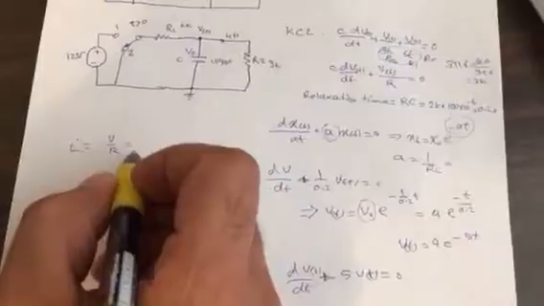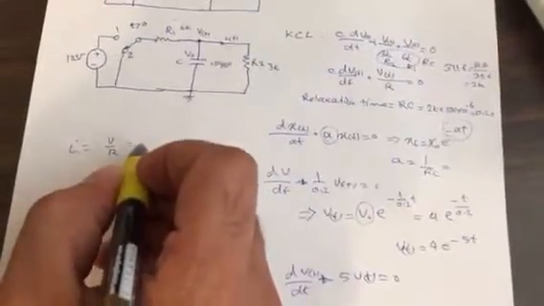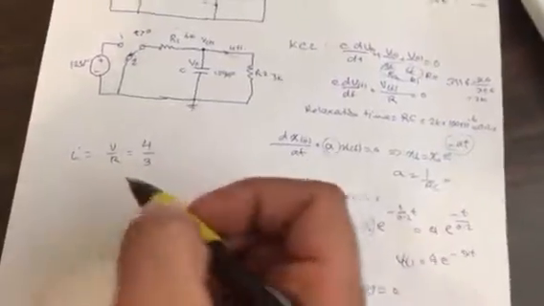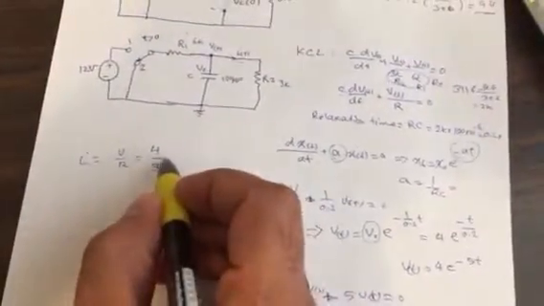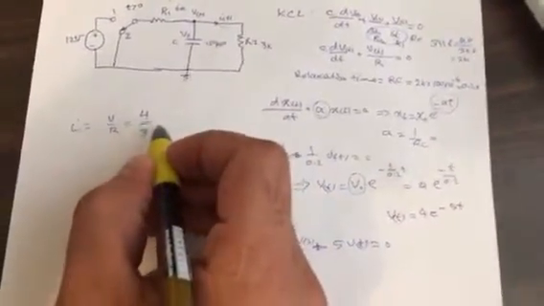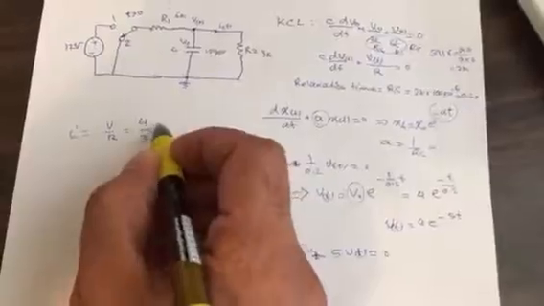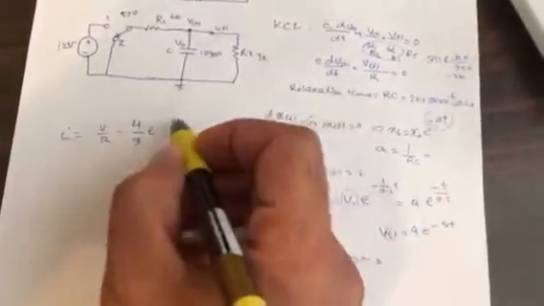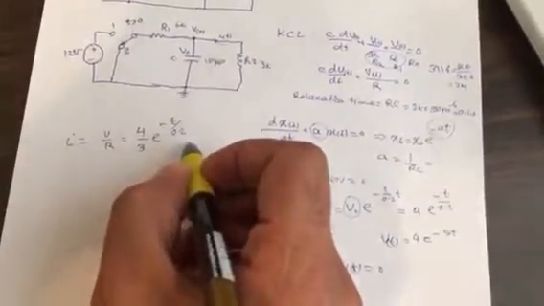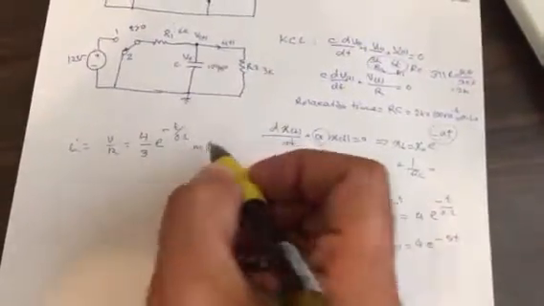So I have 4 over 3K, and I don't write the K, and everything is in milliamperes at the end. So 4 over 3 e to the power minus t over 0.2. This is in milliamperes, so this is the current that is flowing over here.